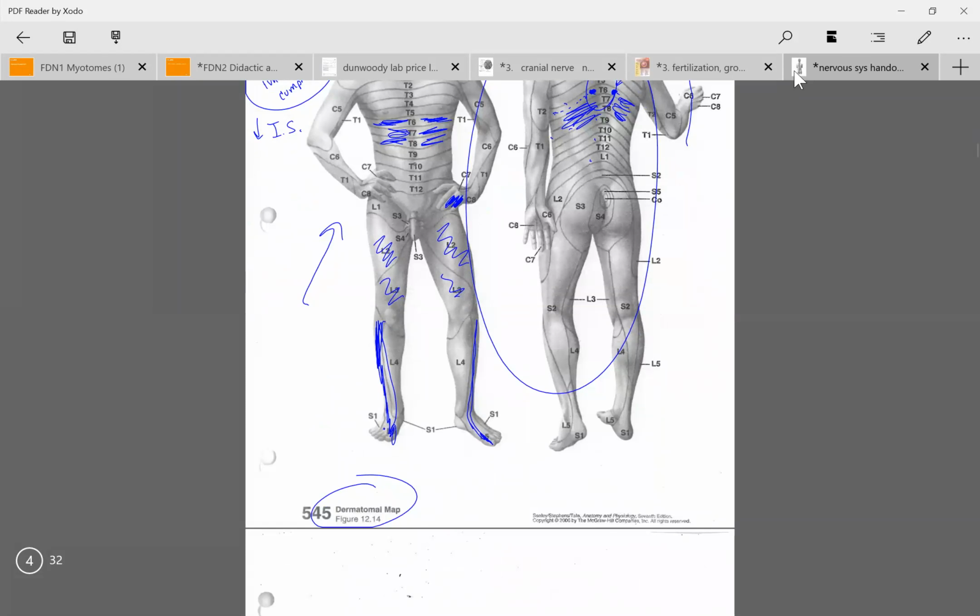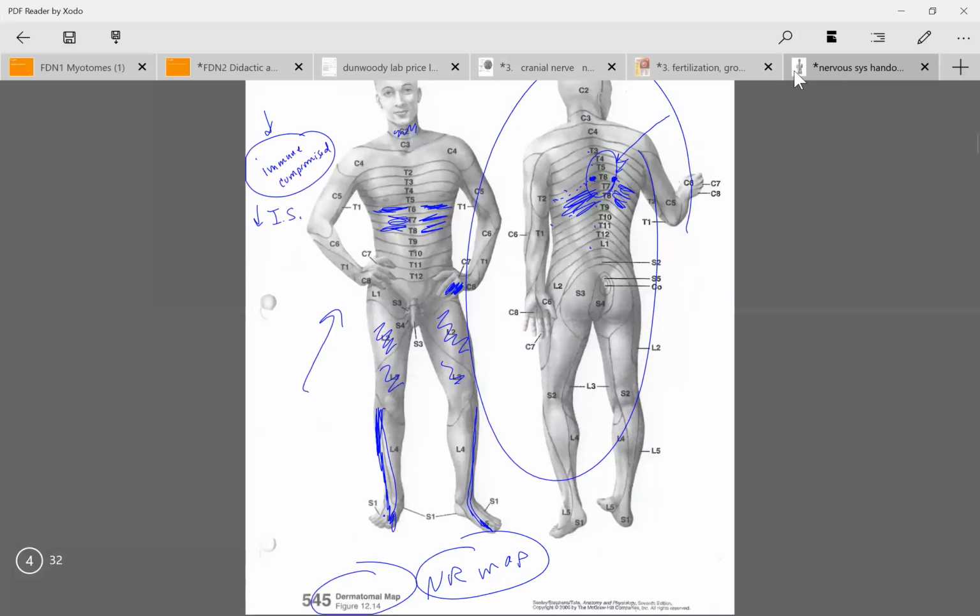You could also say nerve root map. So the nerve root map and the dermatome map are basically the same thing, because the areas you see like S3, L2, T1, that is the nerve root. That's the area of the spine that comes out and innervates that part of your body.